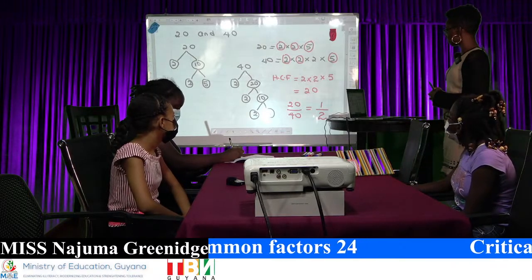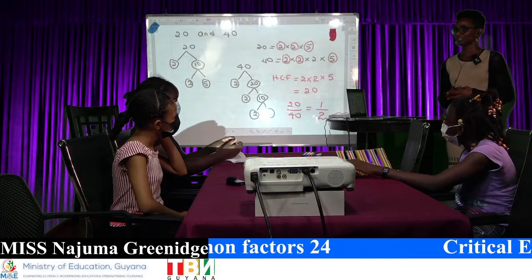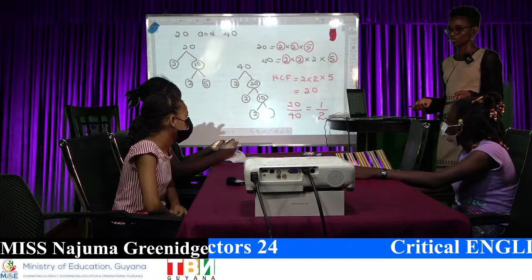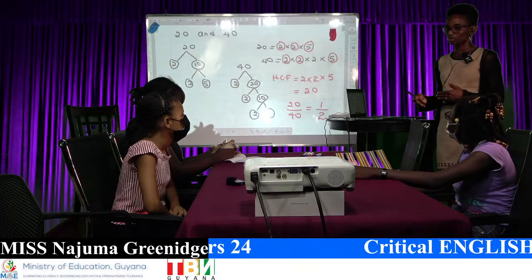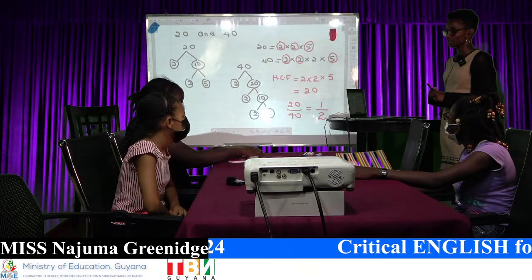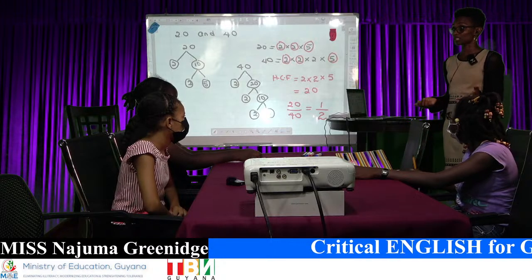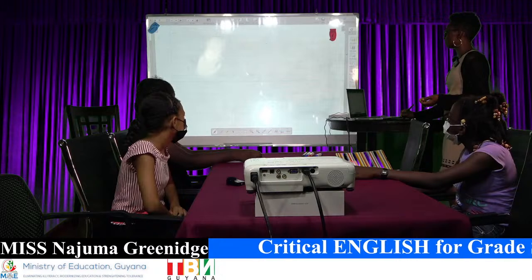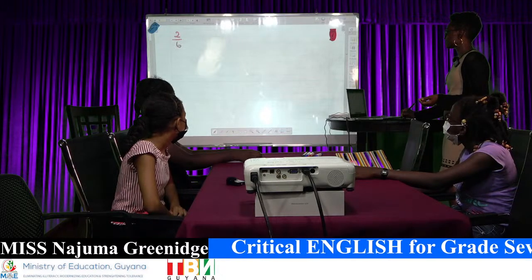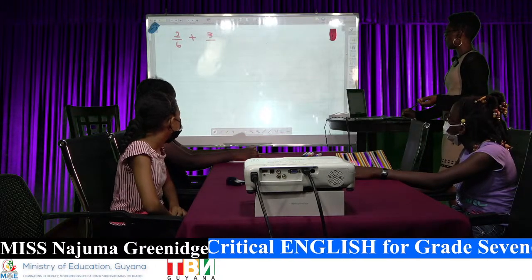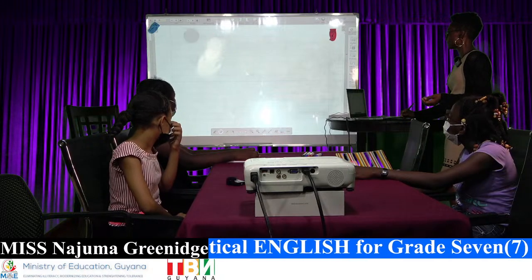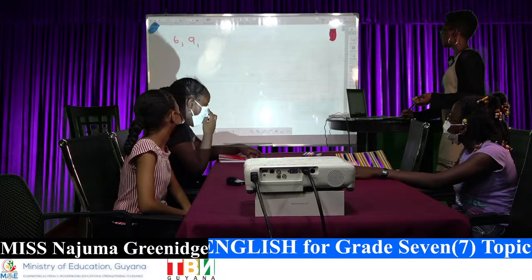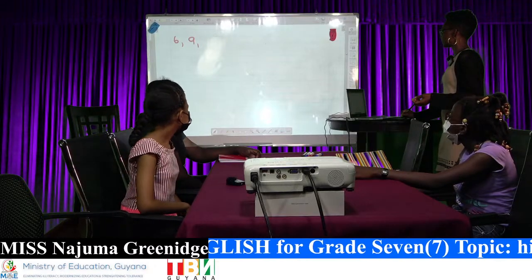When we have two numbers, now you can find the highest common factor for more than two numbers. In our case today, we've examined two numbers, right? It can be for more than two numbers because sometimes when you're dealing with fractions, you can have more than two fractions. At the higher level, for example, let's say you have 6, 9, and 15.